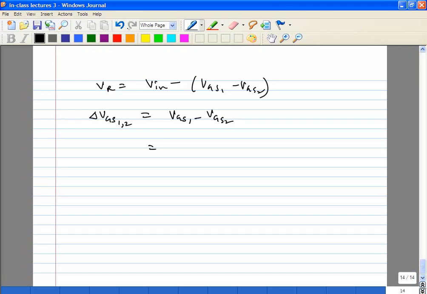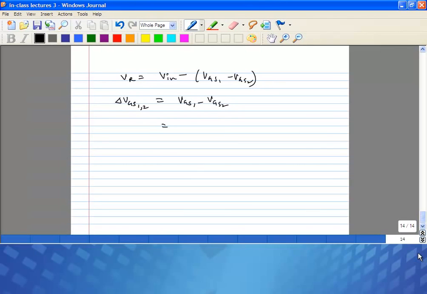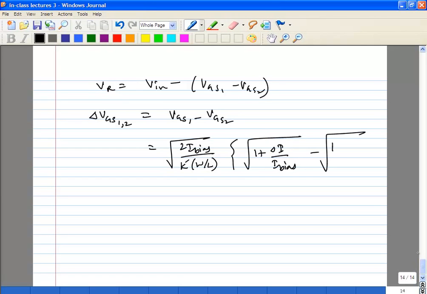And you can write it in terms of your I bias, W over L and everything, and the approximation you're going to make is, so, okay, 2, so you'll get something like this.